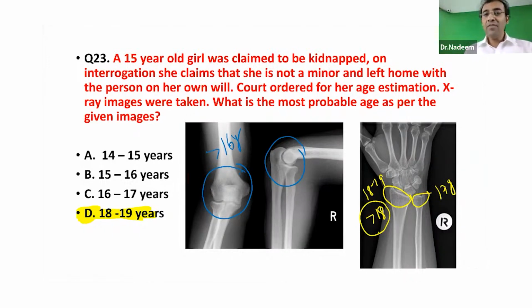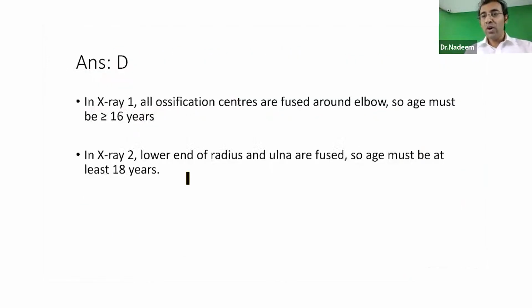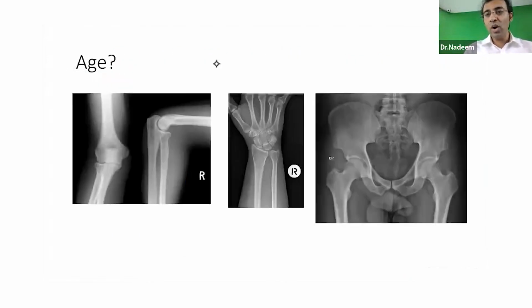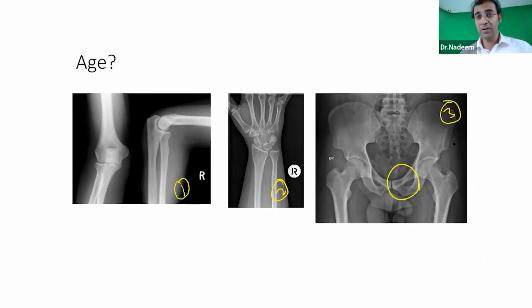If they had given you one more X-ray, of the ischial tuberosity, these X-rays were given in an AIIMS question, I'm telling you. Now you tell me, whenever you see complete ossification over the ischial tuberosity, what is the age?